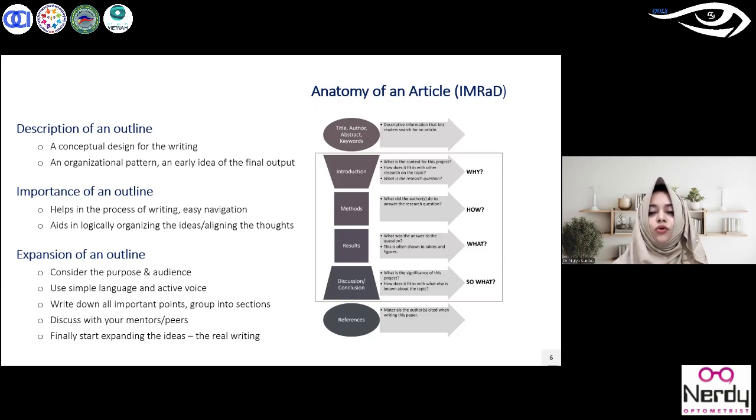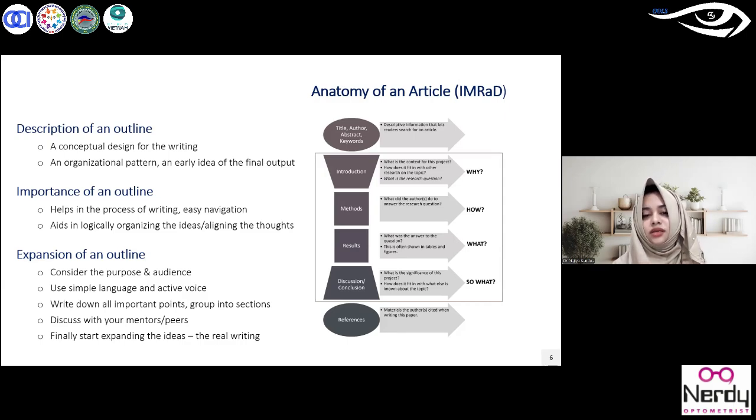Now that we are dealing with an original article, the article is supposed to have various parts, starting with the core components called the IMRAT, which are introduction or background, materials and methods, results, discussion, and conclusions. When we prepare the outline, it should have all the critical points under each section.